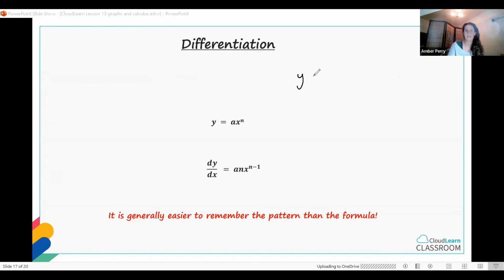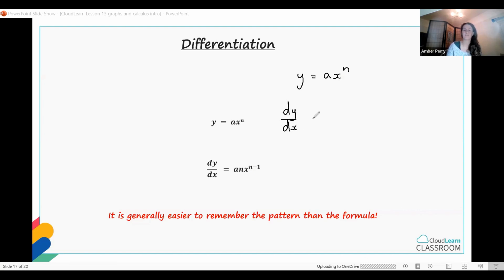But essentially, what you do is if you have y equals a x to the power of n, you take the power, you multiply it by the a, and then you reduce the power by 1, and you get the derivative. And we call it dy by dx. It just comes from change in y over change in x, exactly the same as for linear functions. The gradient is the difference in y divided by the difference in x, okay?